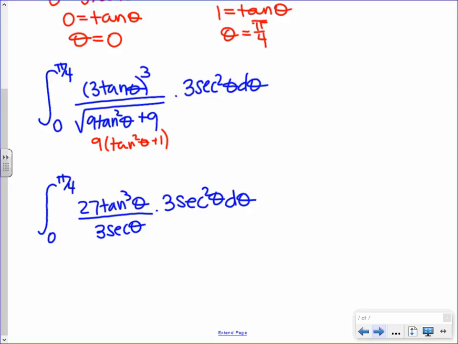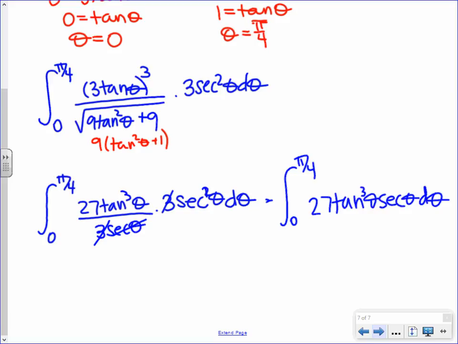Now what? So these 3's cancel, and this secant cancels out with one of these, right? So we have 27 tangent cubed theta secant theta d theta.